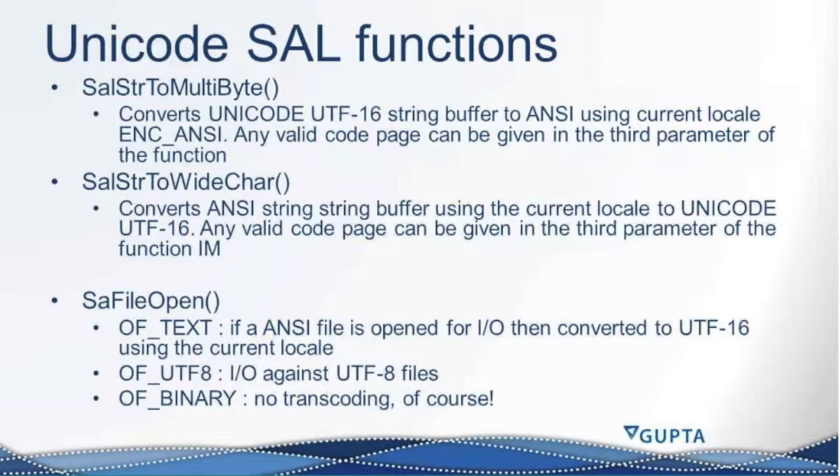SalFileOpen: if you open a file using OF_Text, then the file is opened as NC for input/output, but while inside TD it's saved as UTF, and it does all its work as UTF, and when you save it back, it translates it back to NC. Input/output UTF-8 is for UTF-8 files. Of course, for binary, there's no transcoding needed.